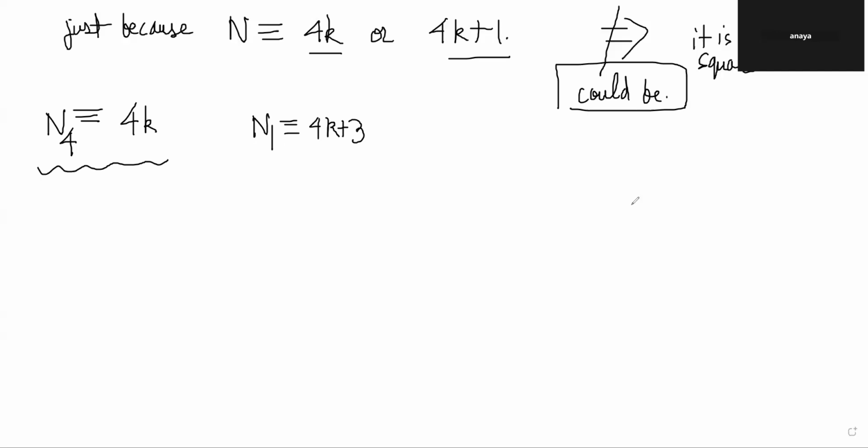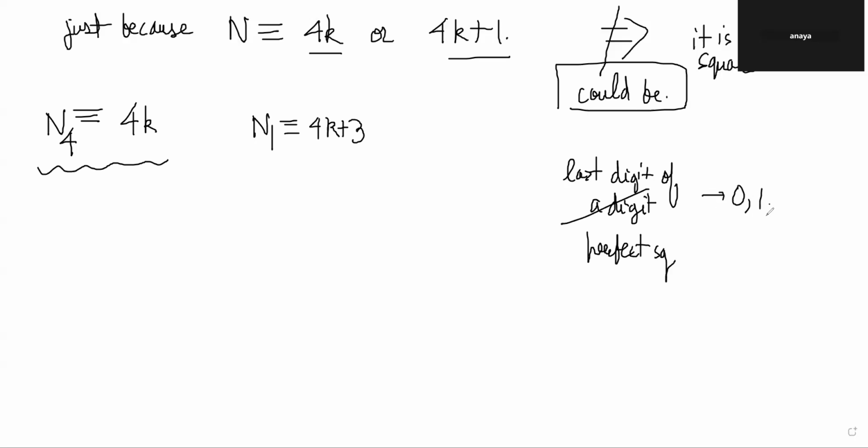We saw earlier also that the last digit of a perfect square could be what? 0, 1, 4, 5, 6, 9. Could it be 2? How can it be 2? Never mind, not 2. So the last digit could be 4 though, right?